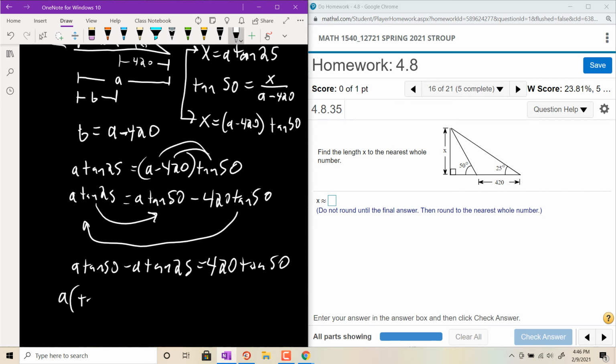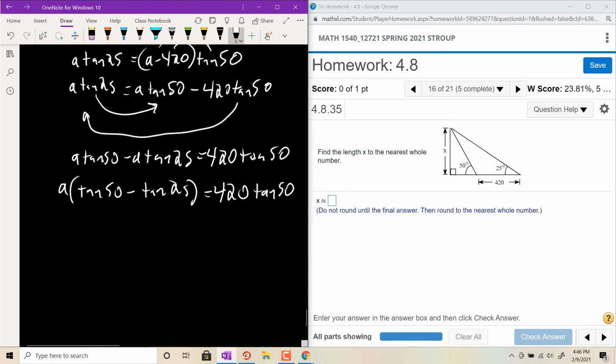Factor out the a, so you get a times tan of 50 minus tan of 25 equals 420 tan of 50. Okay. And then divide both sides. So yeah, that one was a little more complicated. A equals 420 tan of 50 all over tan of 50 minus tan of 25.